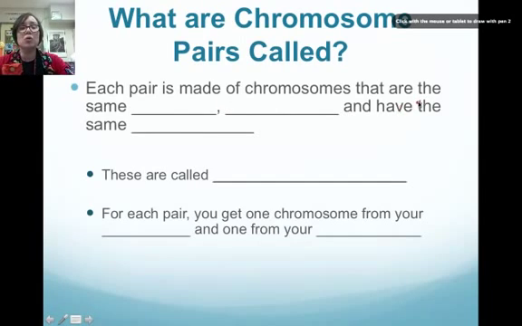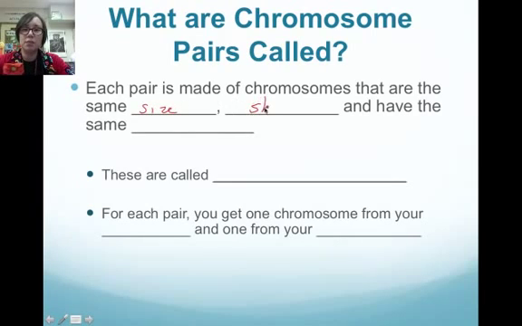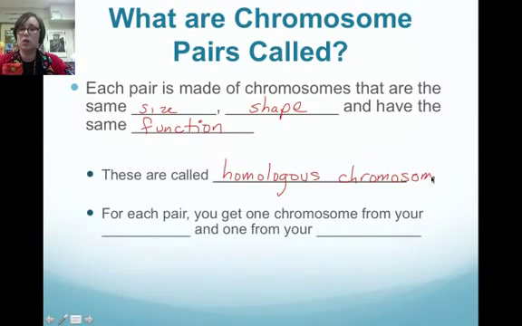So each pair of chromosomes, and this is important to know, are roughly the same size, shape, and they have the same function. Because they're roughly the same size, shape, and have the same function, we can call these guys homologous chromosomes. So even though we have 46 chromosomes, we have 23 homologous chromosome pairs.